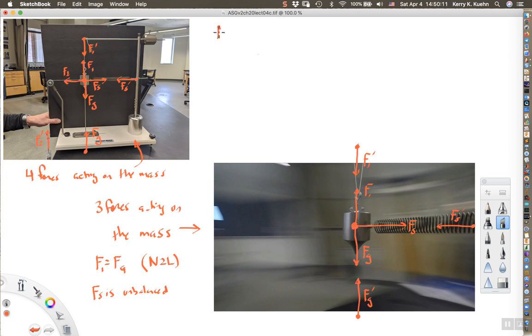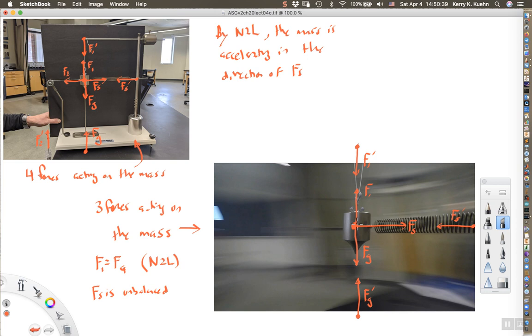So by Newton's second law, the mass is accelerating in the direction of F sub s.